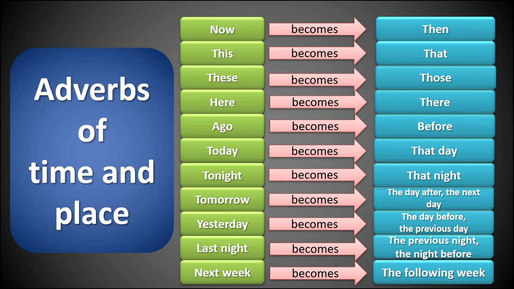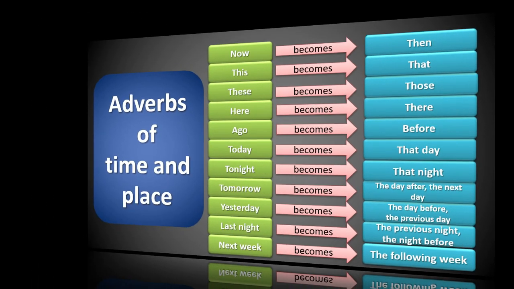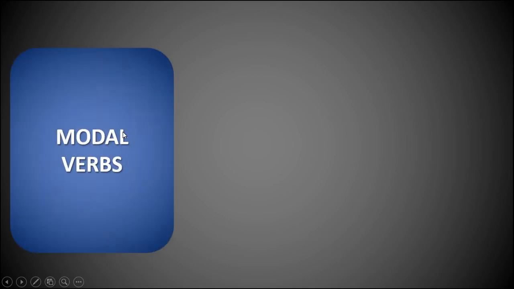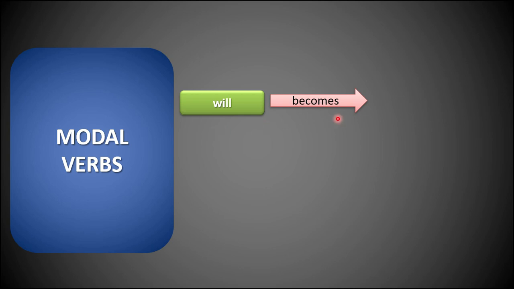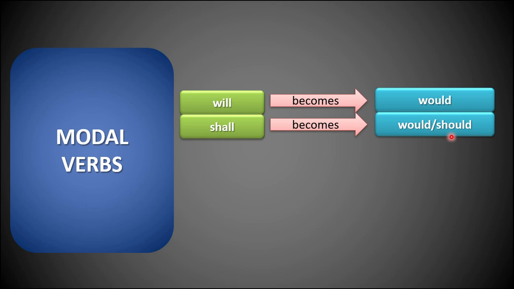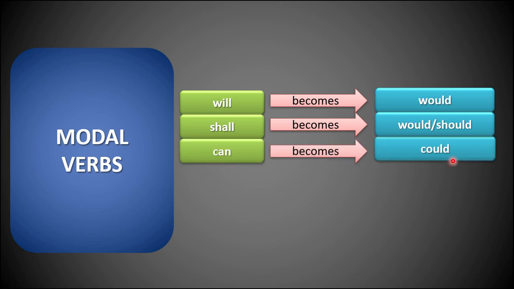Now let's look at the final thing, that's modal verbs. Will becomes would. Shall most of the times becomes would, very rarely should. Can becomes could.